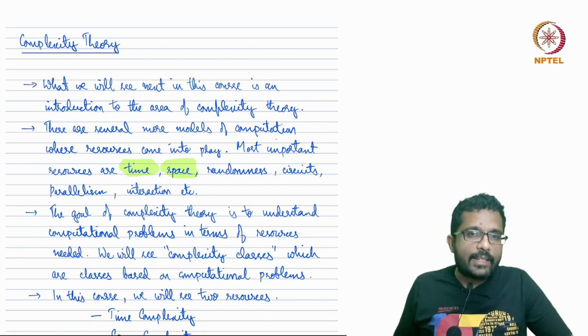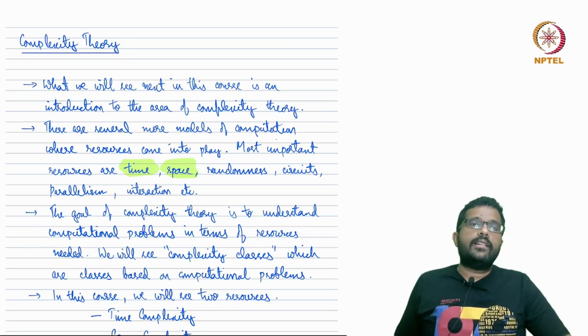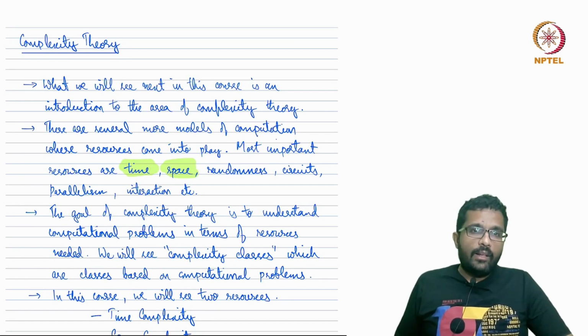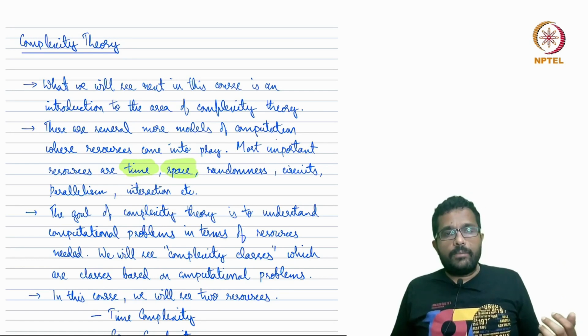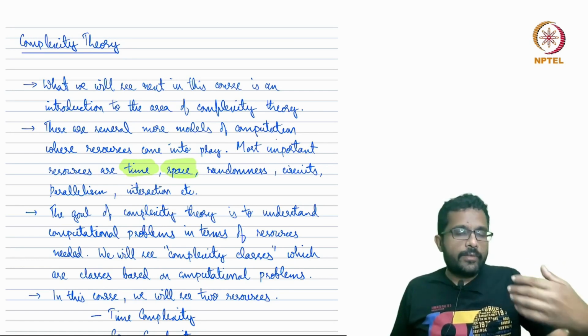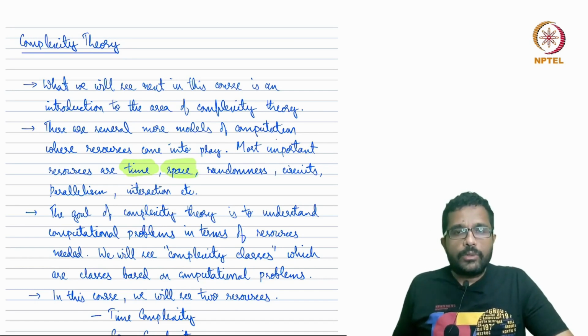So in general there are several resources that are considered for computation, and the goal of complexity theory is to understand computational problems in terms of how much of a certain resource is needed. And the two most common resources are time and space.